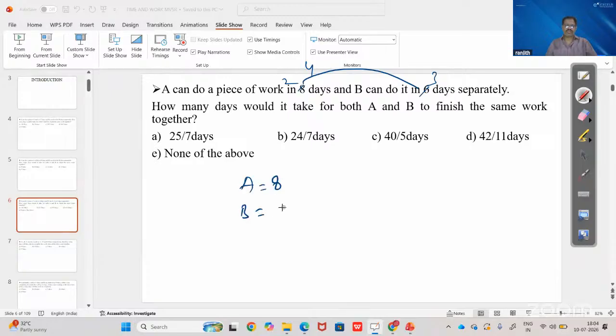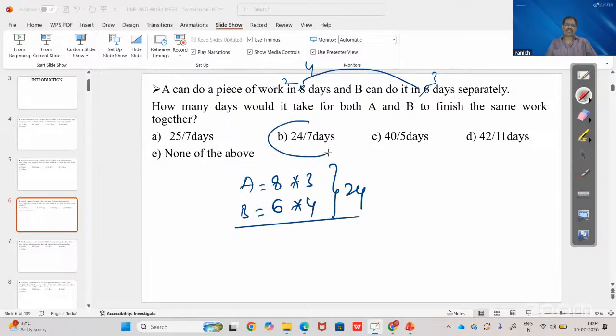B alone can complete the work in 6 days. LCM equal to 24. In 8 table 24, 3 times. In 6 table 24, 4 times. So in how many days A and B together, in the sense, 24 by 3 plus 4, that is 7. 24 by 7 days. Answer is 24 by 7.